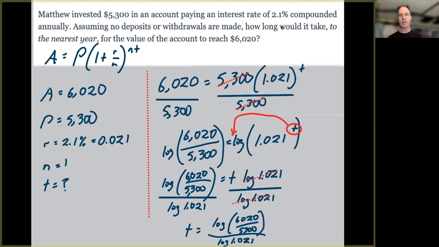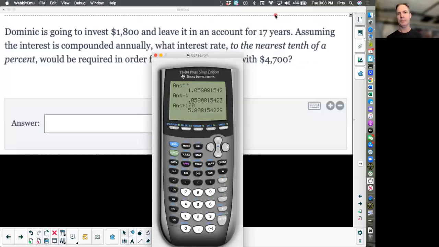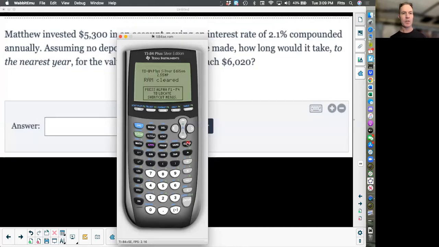Let's take a look at that in our calculator. Okay, so here's my calculator. Again, you could use natural log if you want, just make sure you're consistent. Log of 6,020 divided by 5,300.